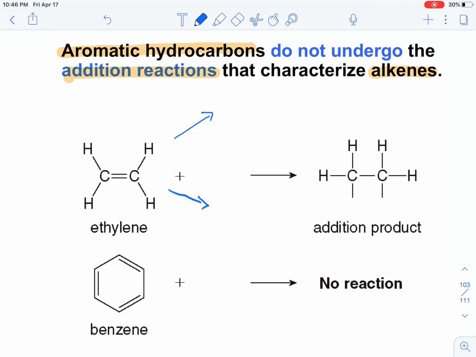One of them was H2 and palladium, which is hydrogenation, and the hydrogenation just produces an alkane. Whereas if you have hydration, water and sulfuric acid, you are going to obtain an alcohol.